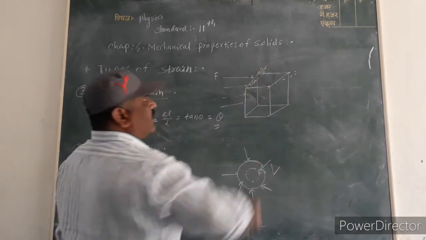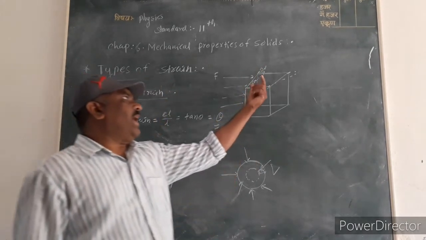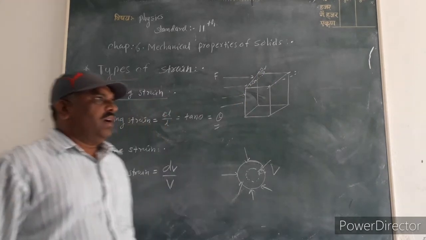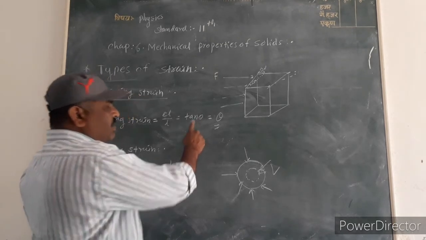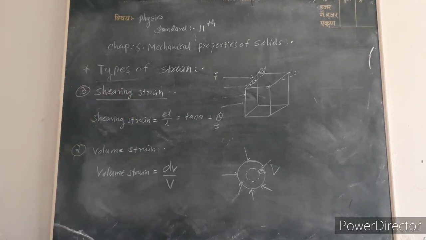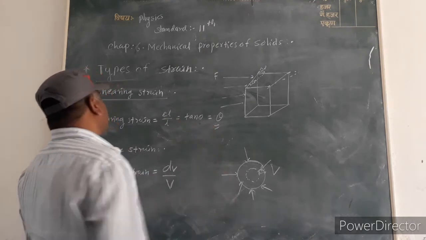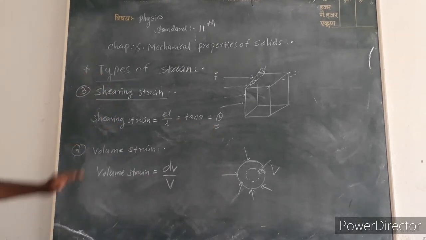This is the displacement through some angle, that is shear strain. This is the third type of strain.